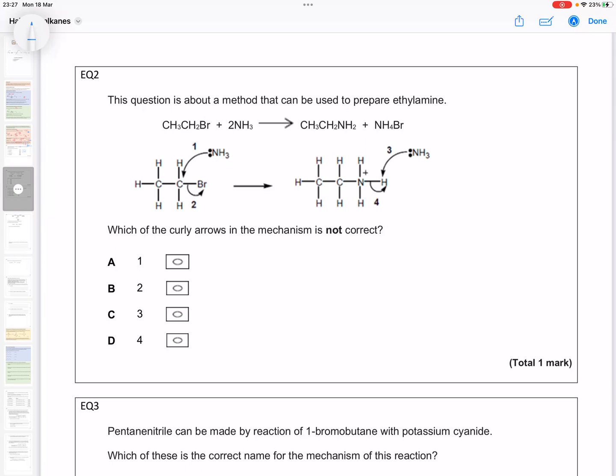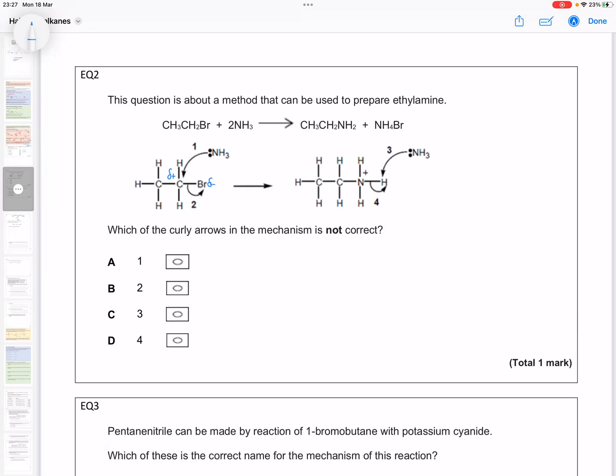This question is about a method that can be used to produce methyl amine. So we've got the halogenoalkane, bromoethane, and 2 molecules of ammonia. So in the first one, the ammonia attacks the delta positive carbon, which is as we'd expect.